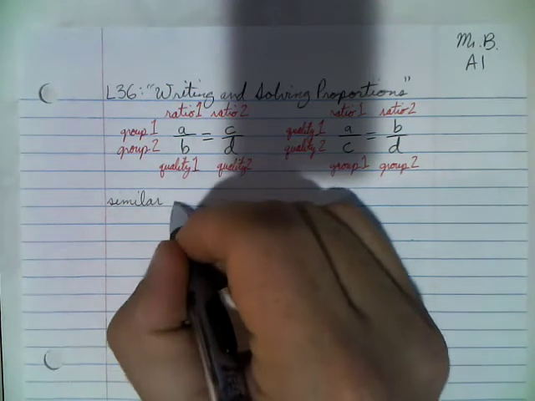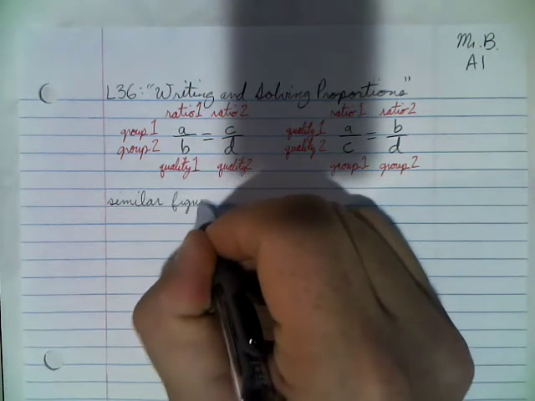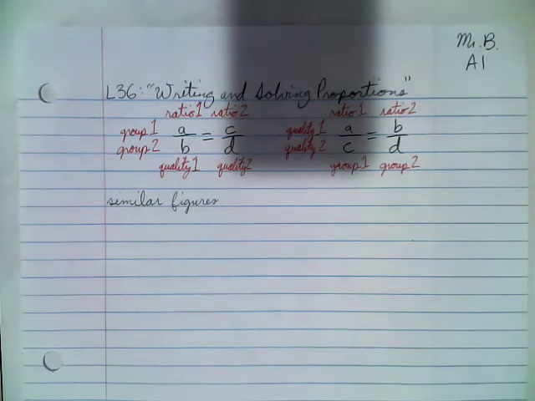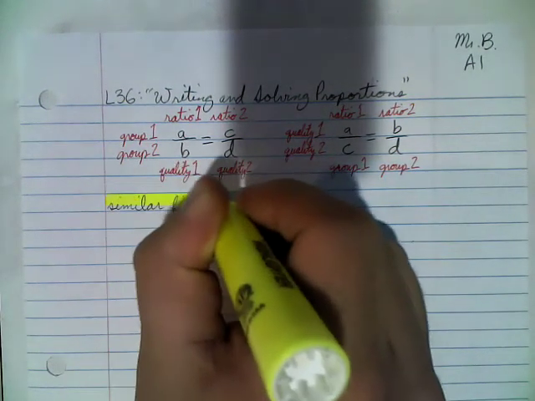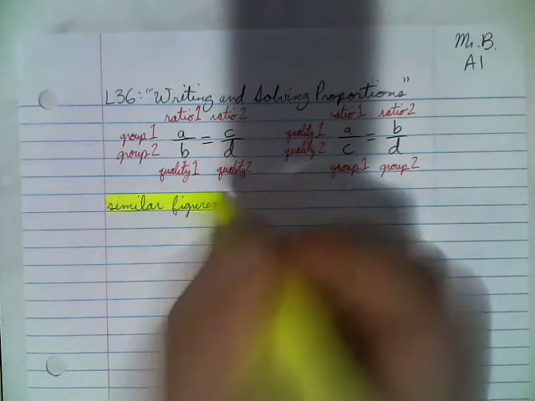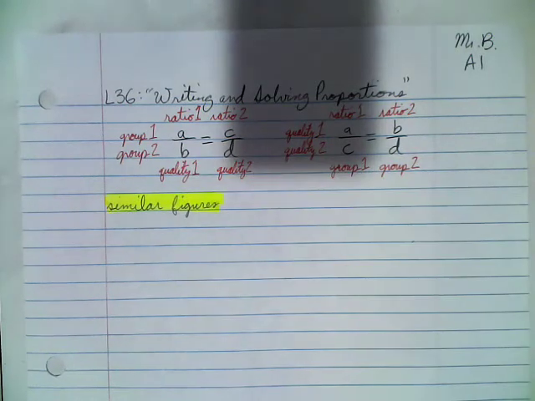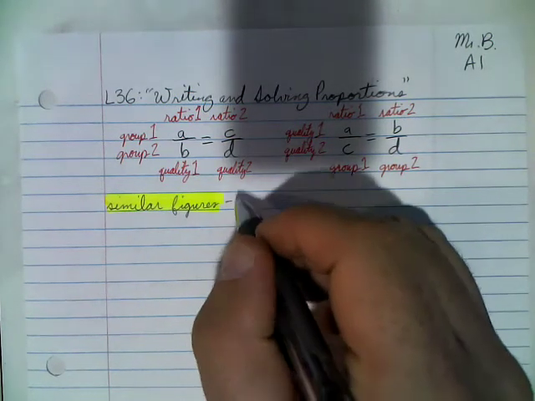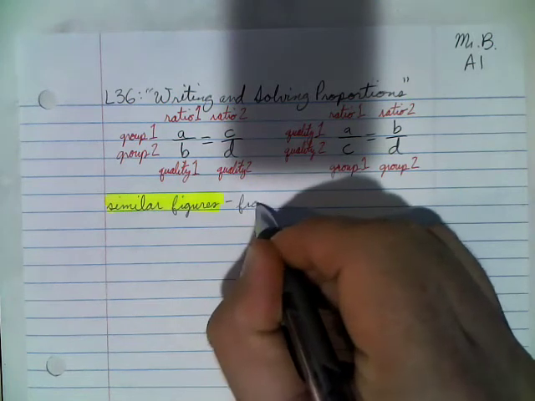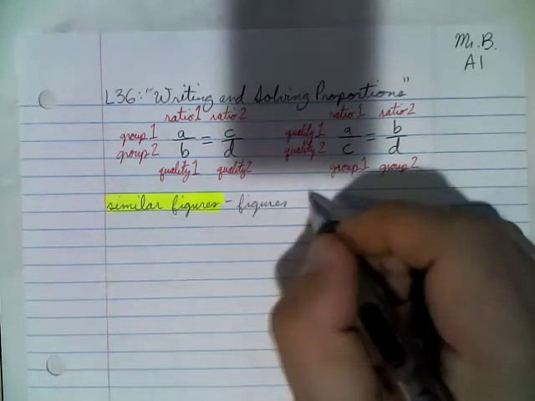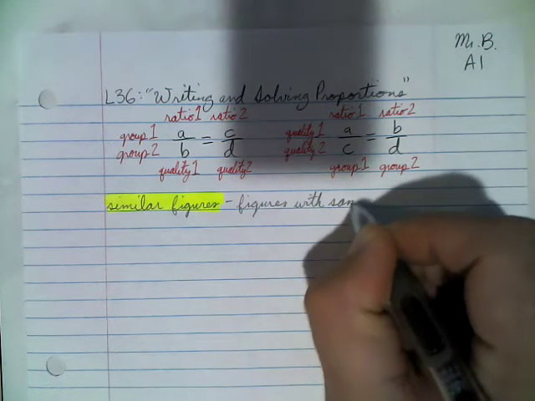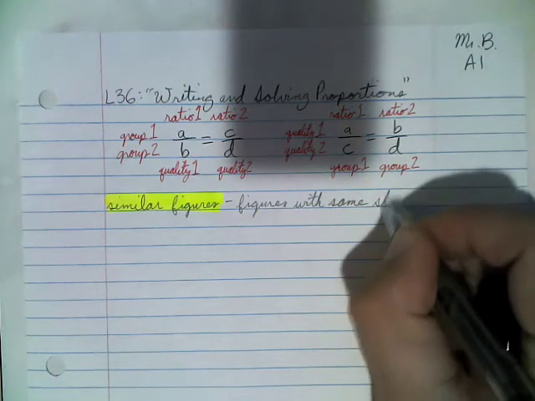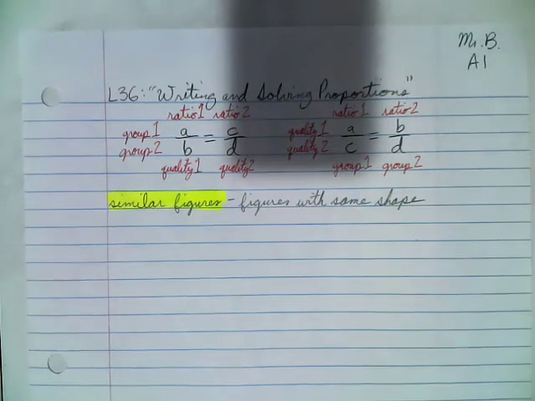Next up is a vocab term, similar figures. Since that is a vocab term, let's go ahead and highlight that in yellow. Similar figures are figures with the same shape.